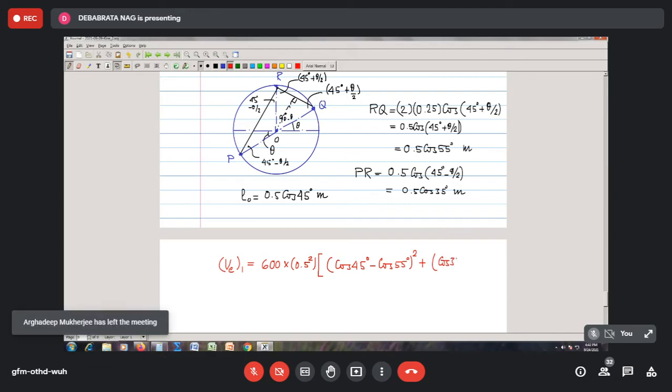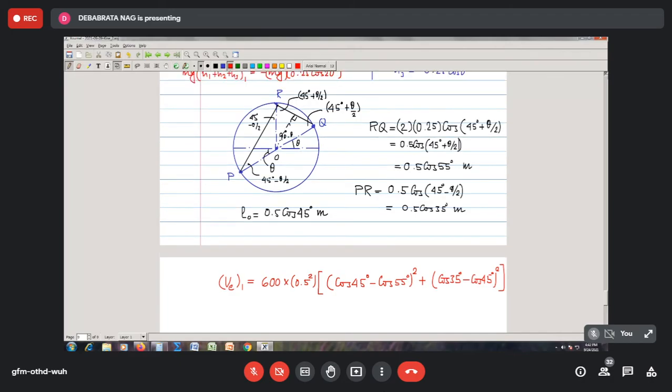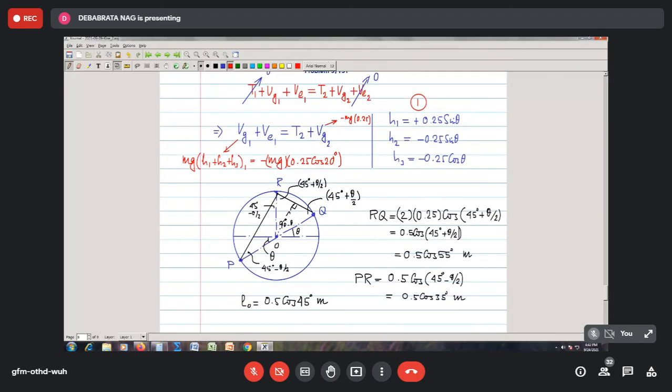One will be compressed and other one will be extended, minus cos 45 degree square. Okay, so that will be the total V1 that we have. And since we know that V2 is 0 because the spring attains here, so already we have put V2 equal to 0, so we don't have to bother about that.